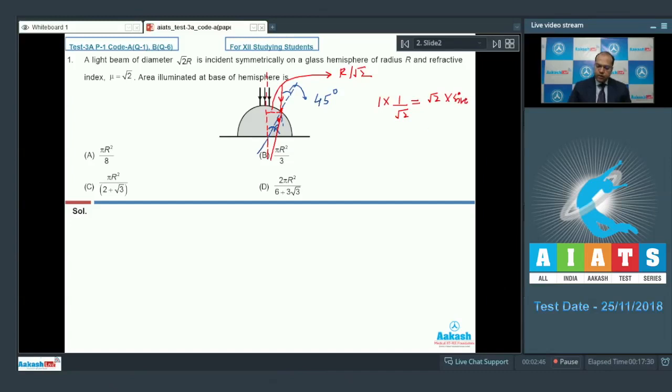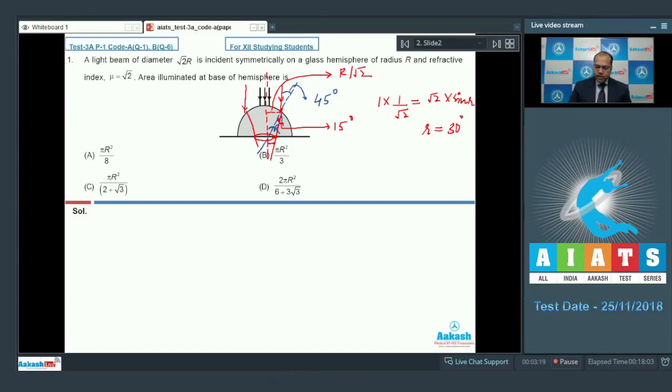So from here the value of r comes out to be 30 degrees. So the angle of refraction is 30 degrees, then this angle is 15 degrees. Since this is the extreme ray, in the same fashion the extreme ray on this side comes in this way, and this is the area of the base which gets illuminated.